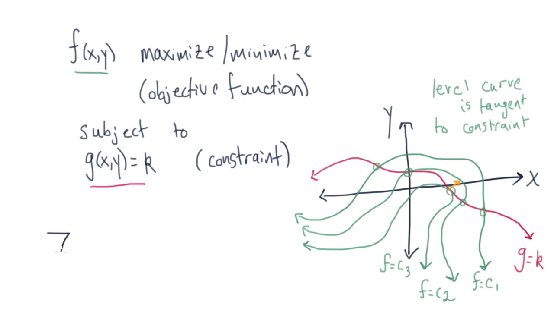Or in other words, the gradient of f is equal to some multiple of the gradient of g. And so it's not that the gradients are exactly the same. They don't necessarily have the same length, but they are pointing in the same direction. And so I'm signifying that by noting that I could rescale the gradient of g. I can even flip the sign and then have it be equal to the gradient of f. And this number lambda here is called the Lagrange multiplier.